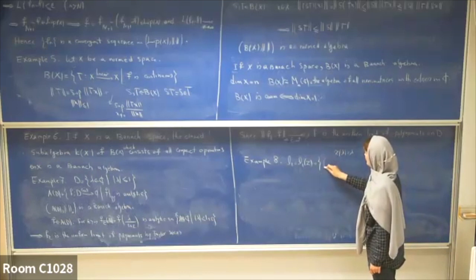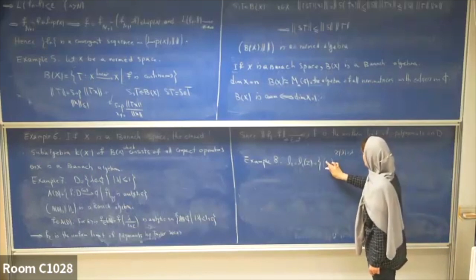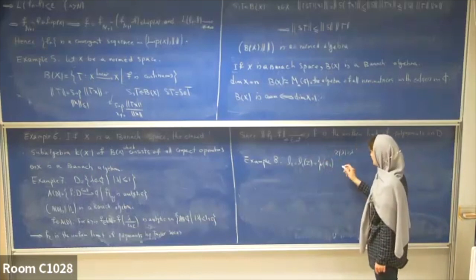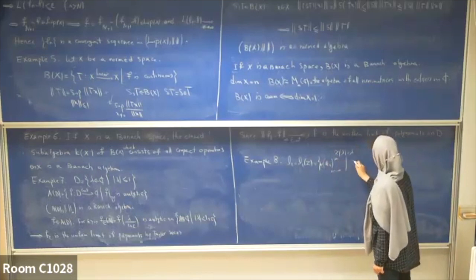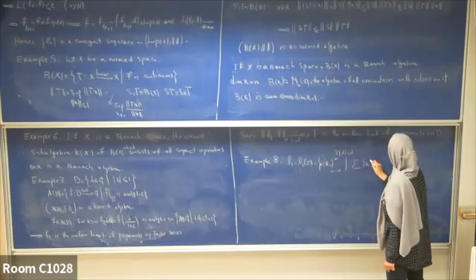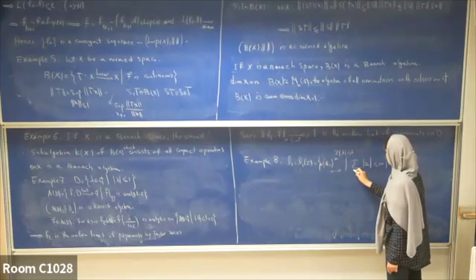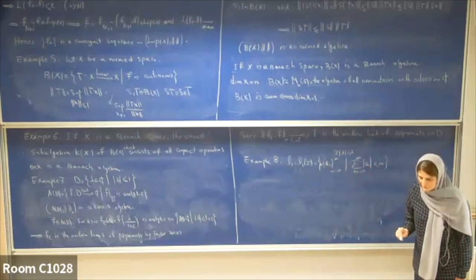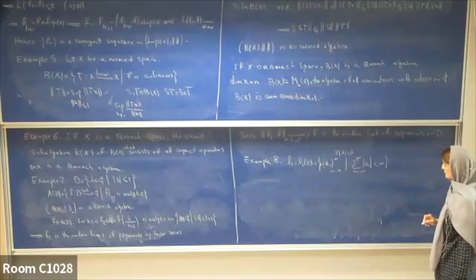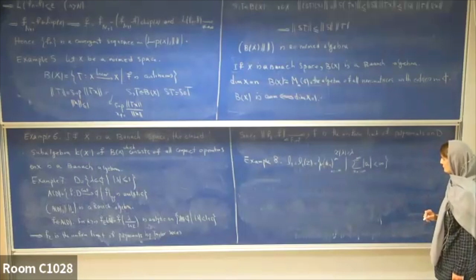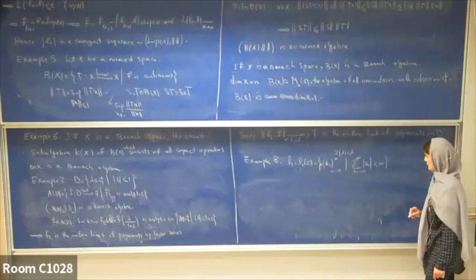Anyway, it's the set of all sequences a_n indexed by Z such that the summation of the absolute values of a_n is finite.